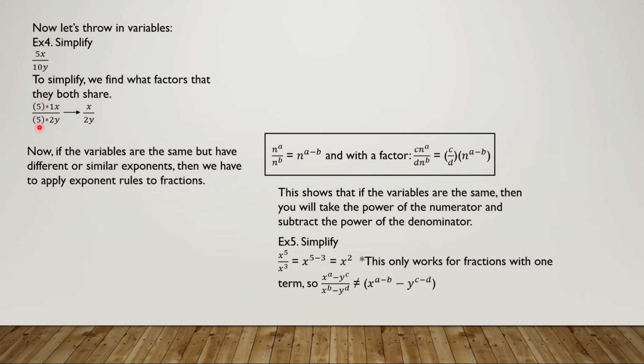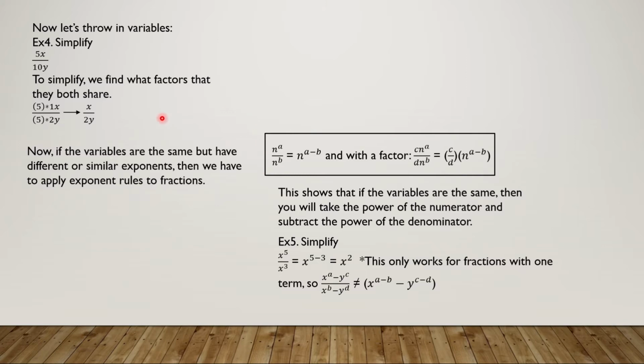But what happens is that the 5's cancel and there are still variables remaining. The variables cannot factor out in such a way that they would be able to cancel because they're talking about different numbers. So what we're left with is, I quote, a constant number, which is the dividing by 2, and then we have the ratio between x and y.